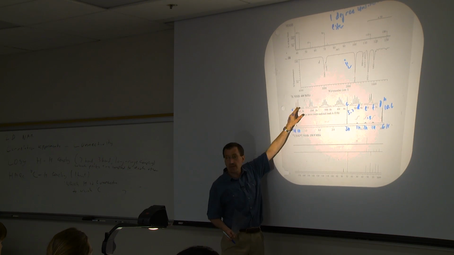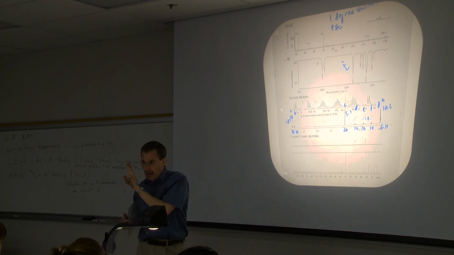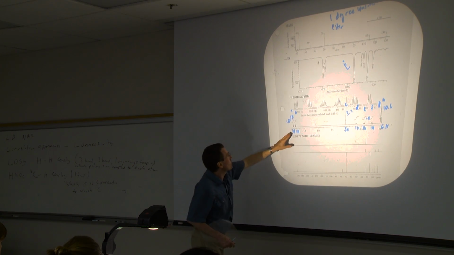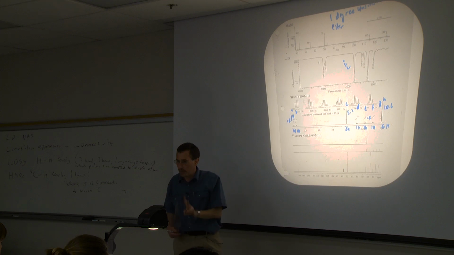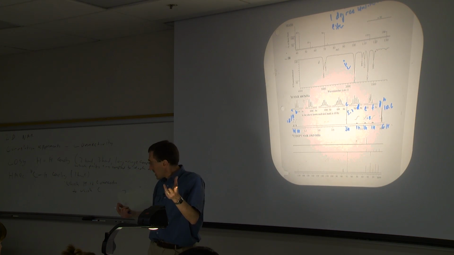I've got this ABX pattern here. That probably is 2 diastereotopic methylene protons. They're at 3.9 parts per million, 3.93 and 3.86 parts per million. So they're probably next to an oxygen. We think it's an ester.